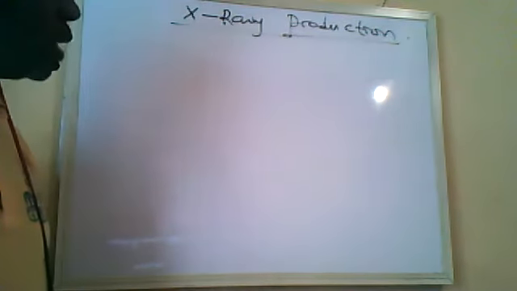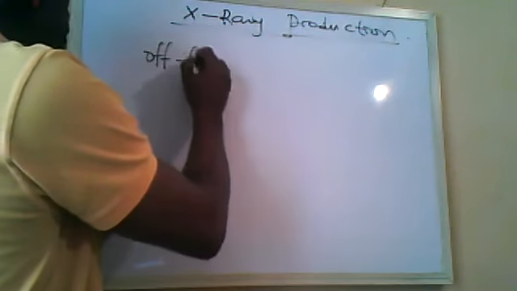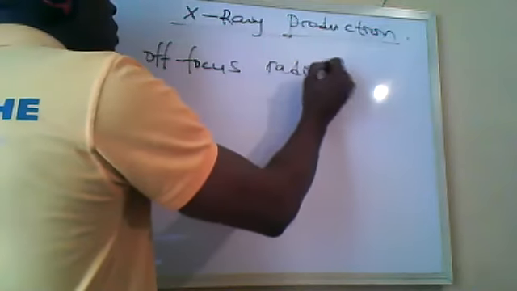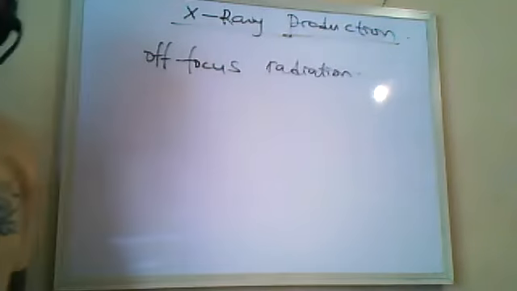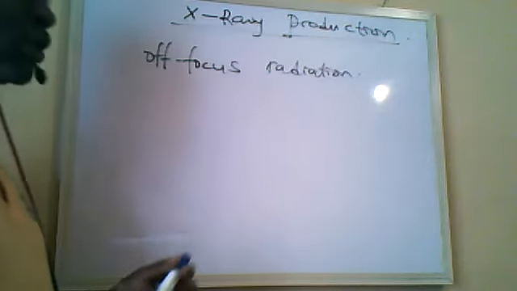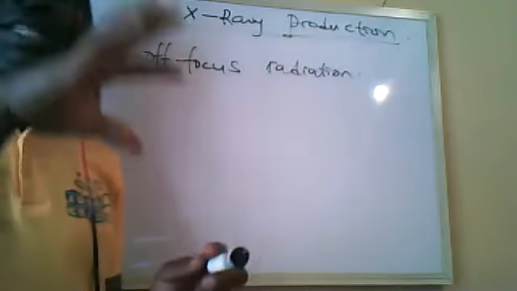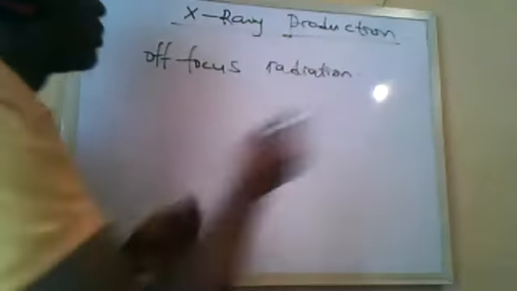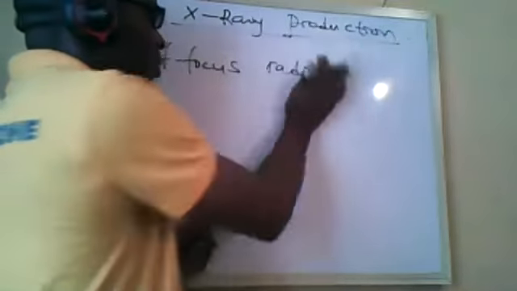We also need to look at the off-focus principle, off-focus radiation. Because we want to have a perfect system, but of course, we will never have a perfect system. Off-focus radiation is as a result of some of the electrons striking areas not defined by the focal spot. For example, you have this to be a focal spot.